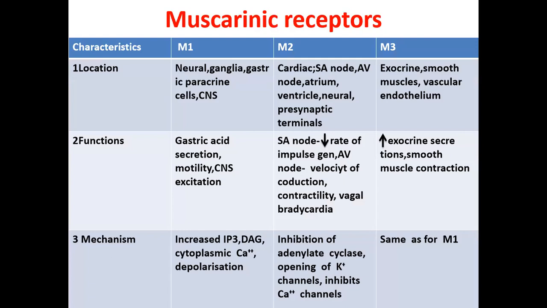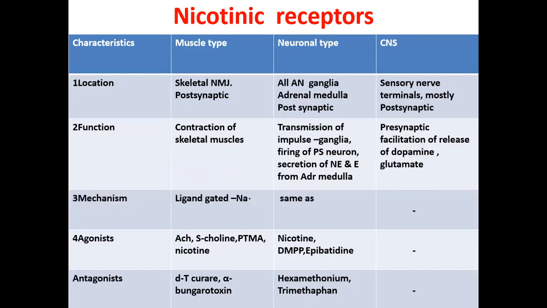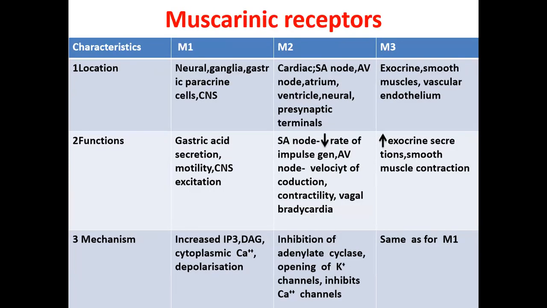Now we will look into what exactly these parasympathetic and sympathetic receptors are. Among the muscarinic receptors, M1, M2, and M3 are mainly involved, and of course M4 and M5 are also there, but we are focusing on M1, M2, M3.